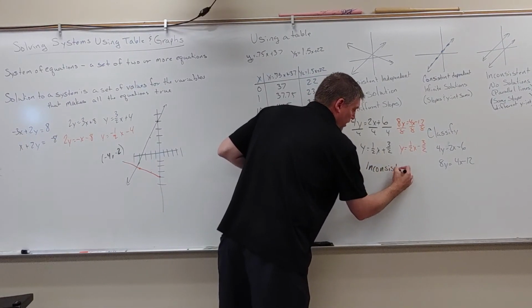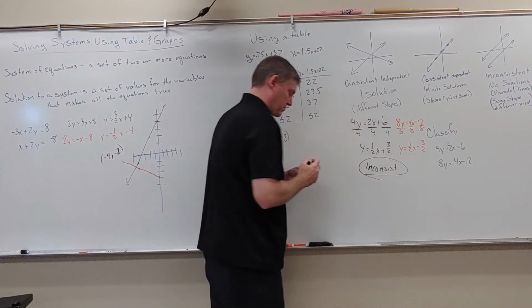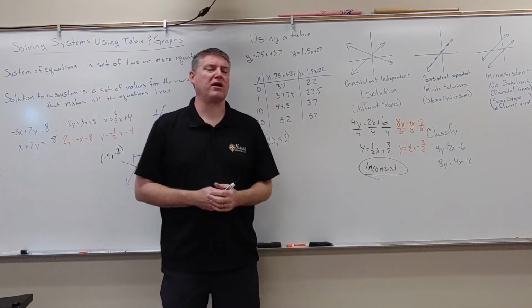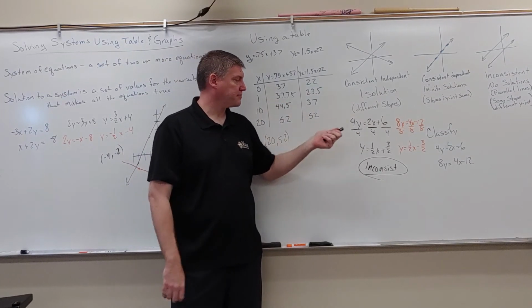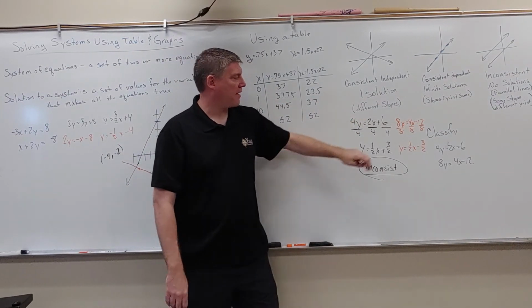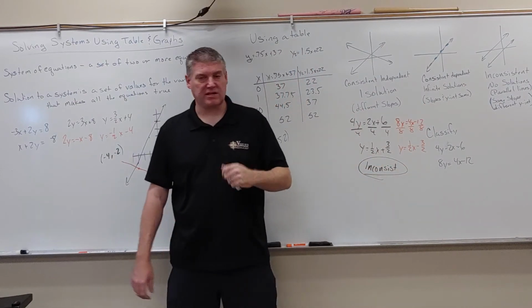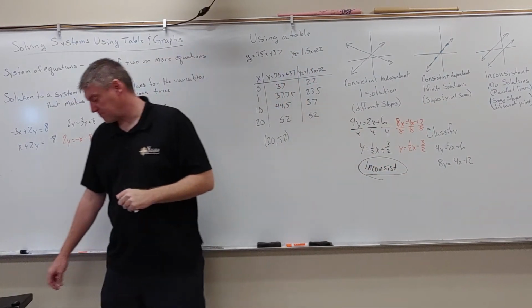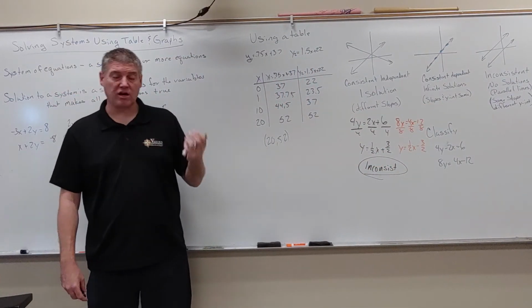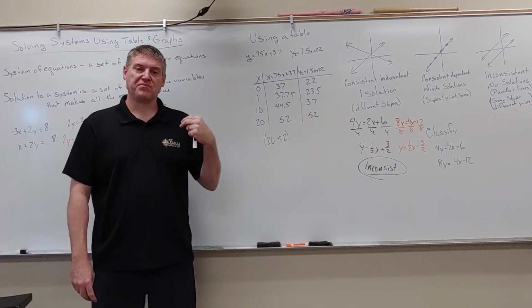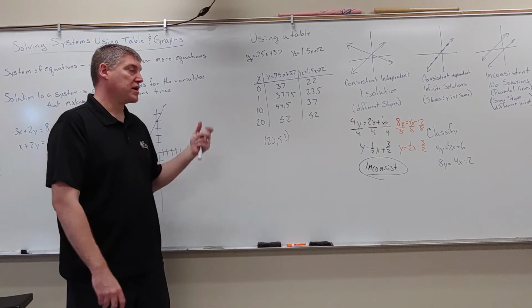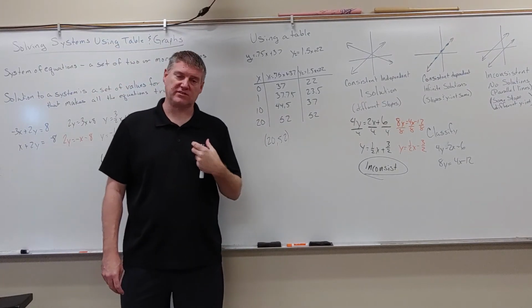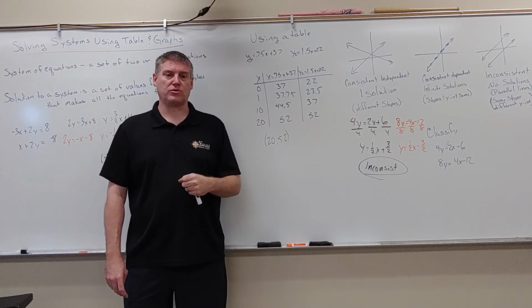So these are inconsistent, telling me that they're parallel lines. If they had the same slope and the same intercept, then they would be consistent dependent. So that's starting off systems of equations, where we solve using a graph and a table. Be careful with graphing because it's very easy to incur error.